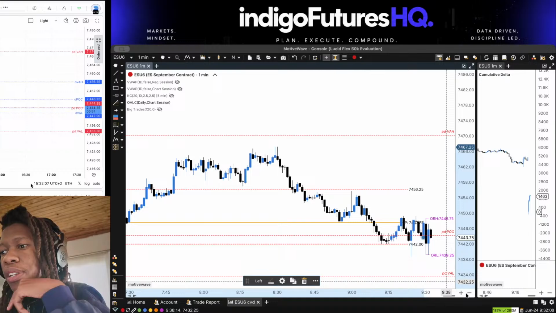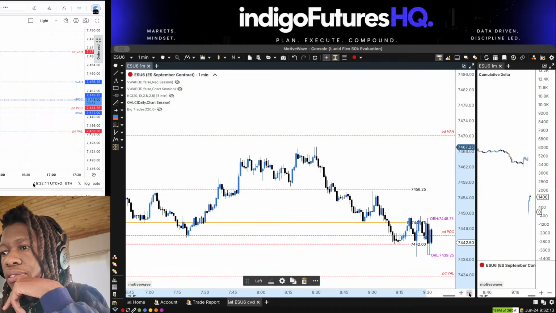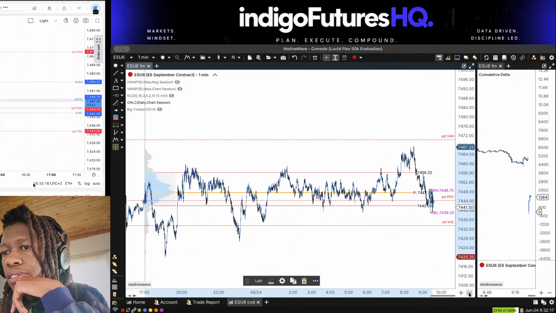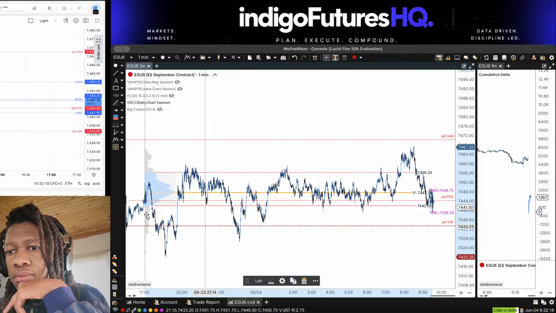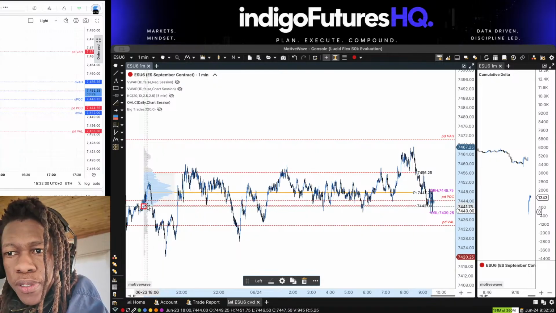But now it's drawn it from 1659. I don't understand why. My motor wave is kind of slow today though, no lie.